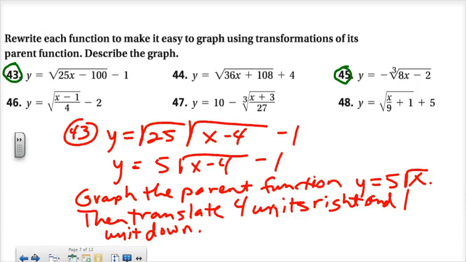Then number 45, we would take the cubed root of 2 out of there, huh? So cubed root of 2, no we wouldn't. Let's go ahead and take the 8 out. It doesn't make much sense to just pull the 2 out of there. That's not going to do any good. So we're going to pull the negative cubed root of 8 out of there. And again, you have to think of it as division.